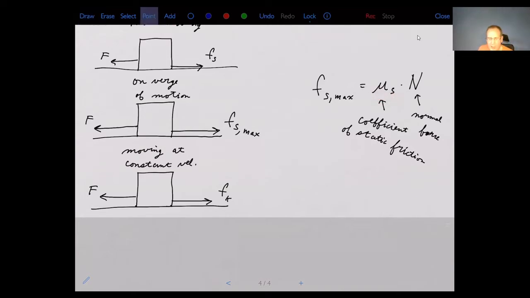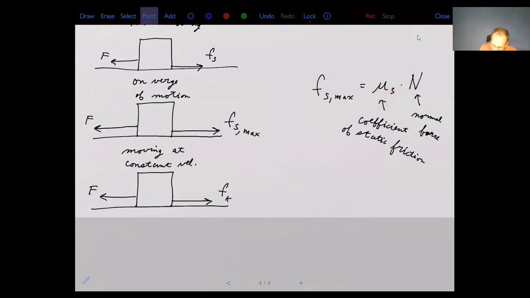Now these coefficients are just numbers. They represent something about the two surfaces that are sliding over one another. In this lab, it was a wooden cart that had leather straps on the bottom, and it was sliding on a wooden ramp. So really, we were looking at the friction between the leather straps and the wooden ramp. So there was some coefficient that defined the maximal static frictional force.